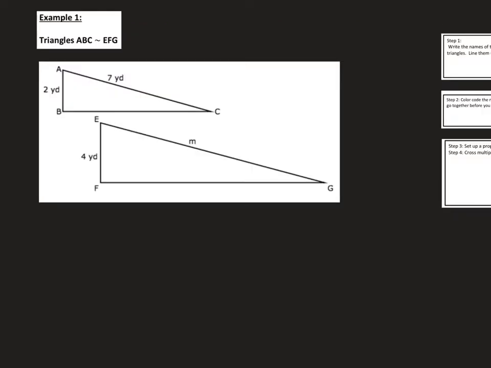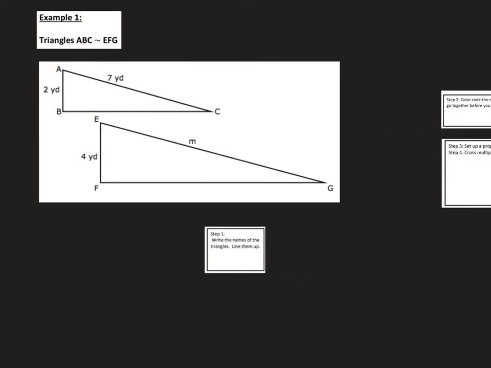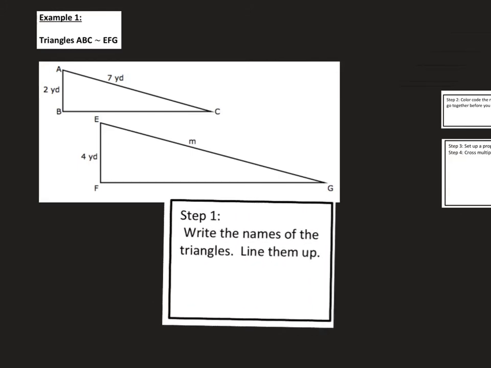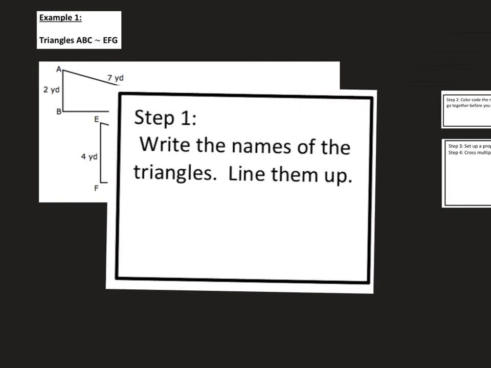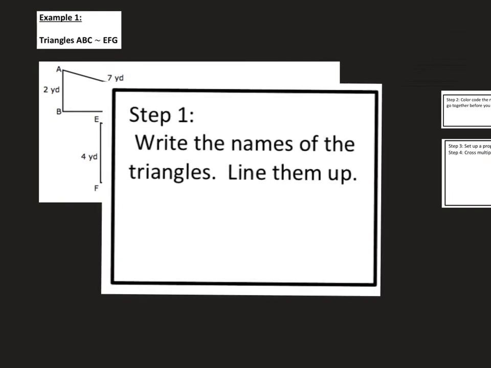The first example in this video says look at triangle ABC, and it's similar to EFG. When we get ready to solve this one, I'm going to pull these tabs out. Step 1 says write the names of the triangles. Line up the letters.